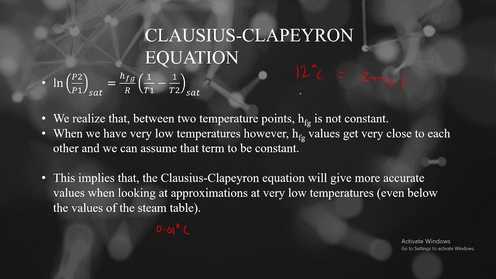You can get your steam table and verify this with me. Then at 14 degrees Celsius, what we are getting for h_fg is 2468.2. If we look at the difference between them, we are getting a value of about 4.9. That's not so large for a temperature change of 2. A change in h_fg of about 5 is not so large.